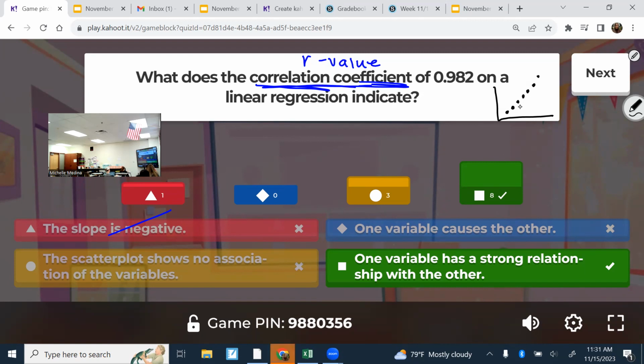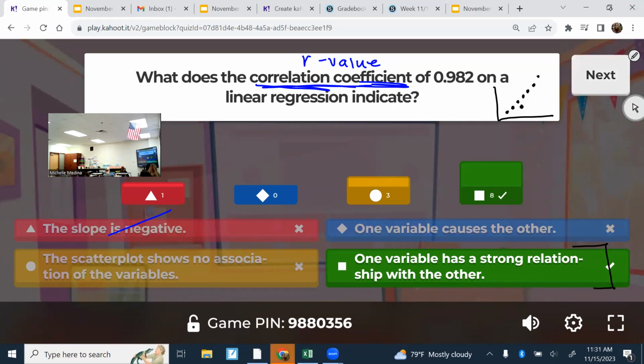Since it's not 1 exactly, maybe we have a few points not on the line. So if that R value is closer to 1 or -1, there's a strong relationship there, strong correlation. Doesn't necessarily mean there's causation. Good.